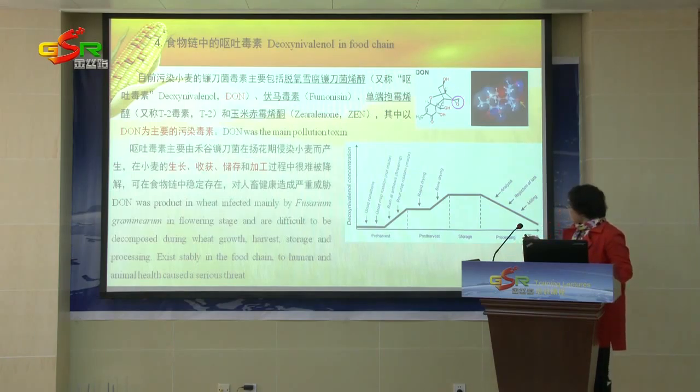We can see this figure. We know DON is a continuation. Its condition is good like this.